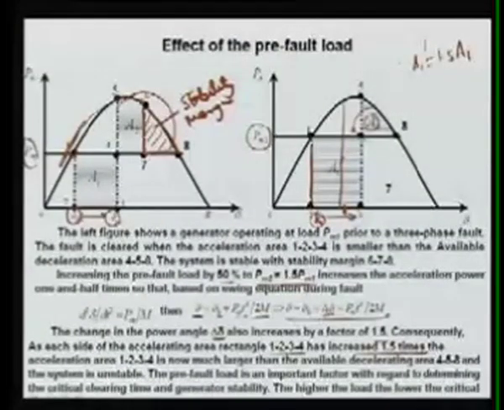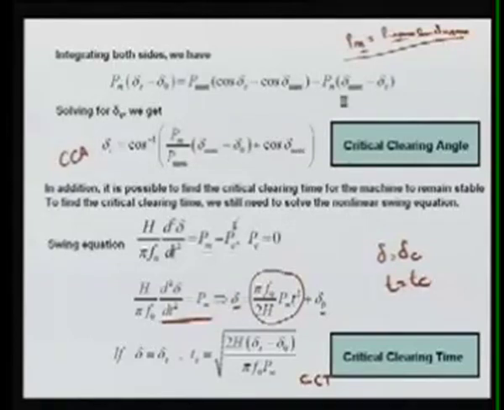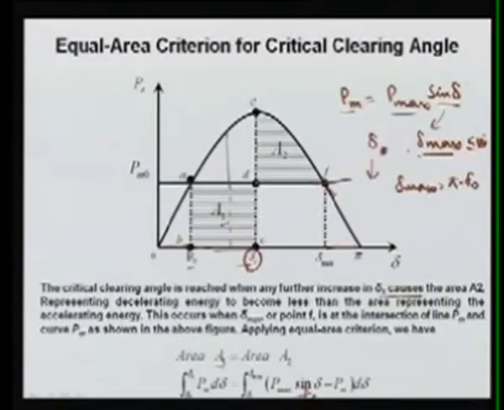If this area is equal to this, the stability margin is 0. At the critical clearing time, this area is equal to area 2 and there is no margin left. If the fault is cleared after this angle, the system will become unstable. But if it is cleared here, we will have some margin and we can say our system is stable.